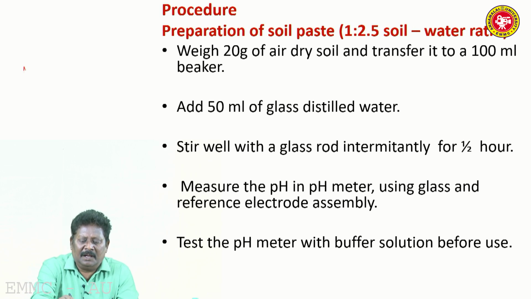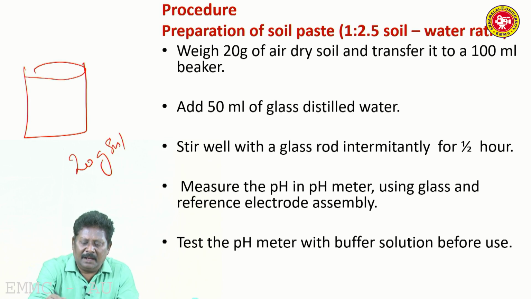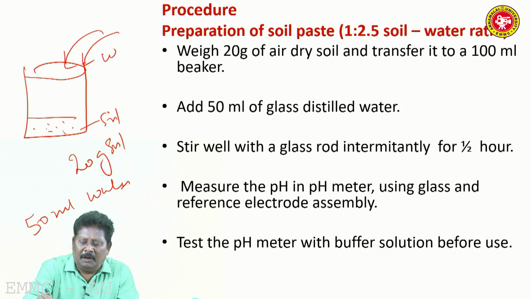So you take 20 gram of soil and transfer it to a 100 ml beaker. Then, second step, add 50 ml of water, then put in a glass rod.